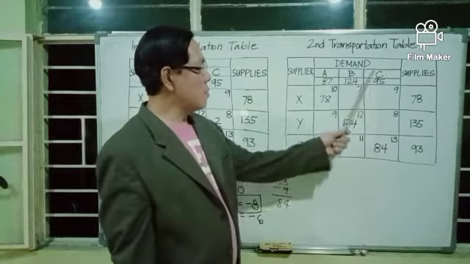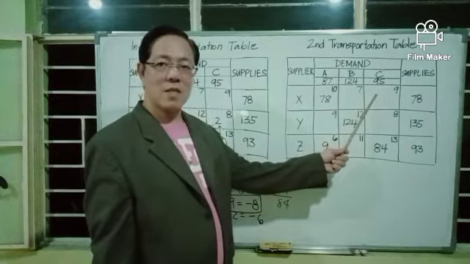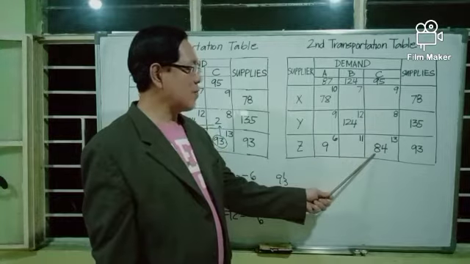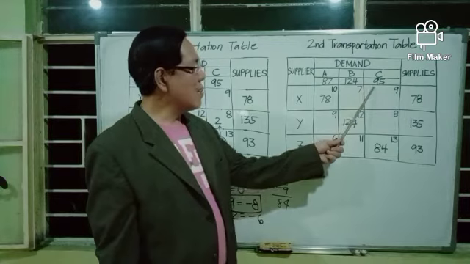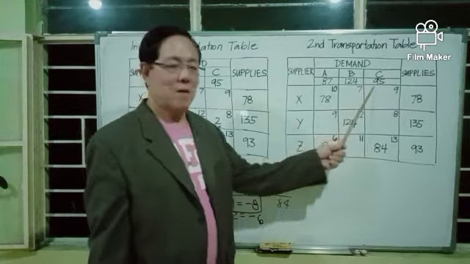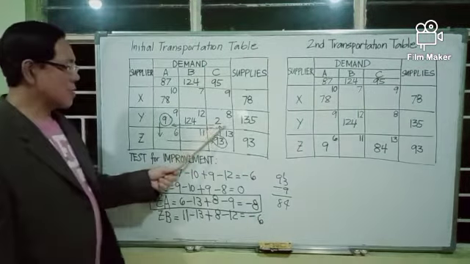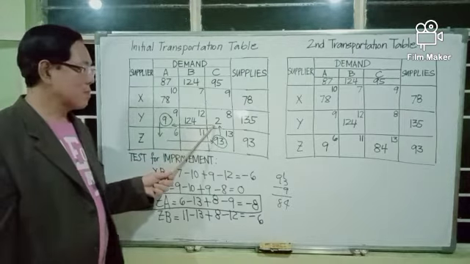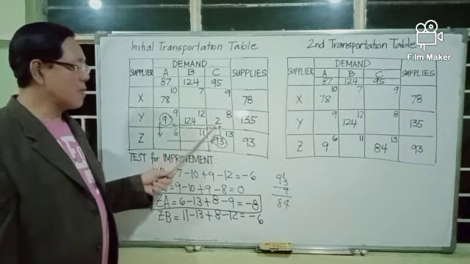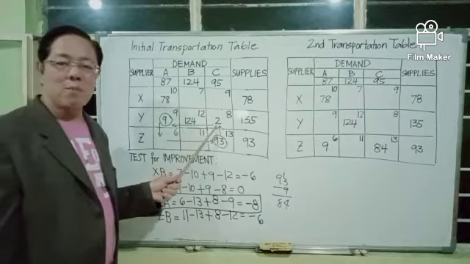Now, in this column, if you add this vacant 0 plus 0 plus 84, you would only get a total of 84. But the demand of C is 95. So this number 2 has to be adjusted also. And this number 2 has to be changed to what number?